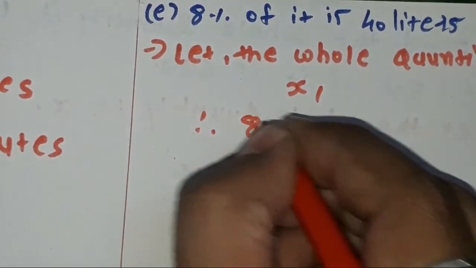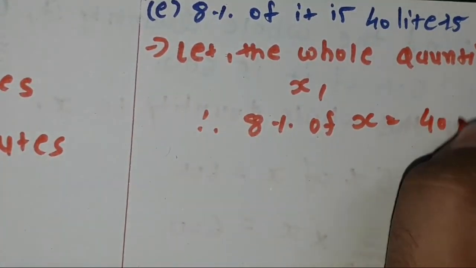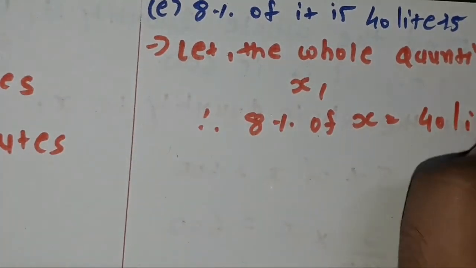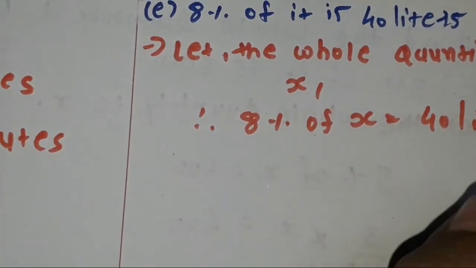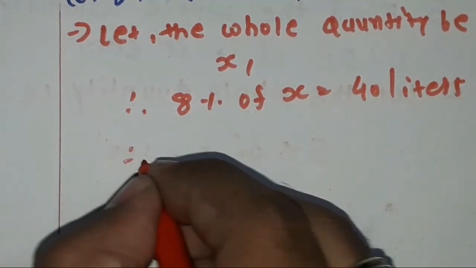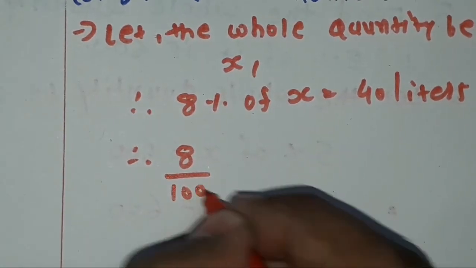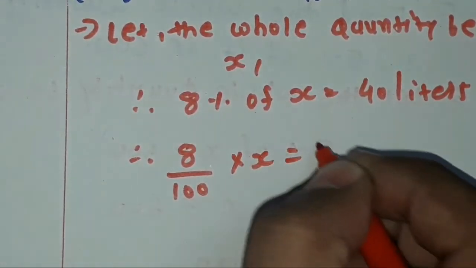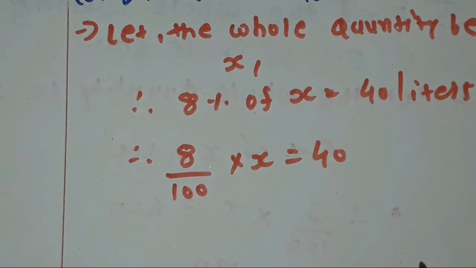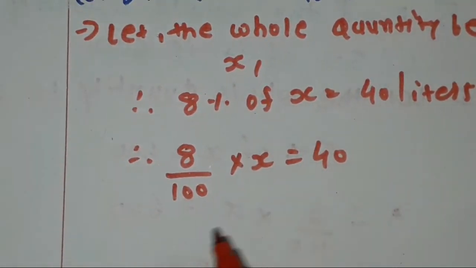Therefore 8% of x is equal to how much? It is 40 liters. Now we all know, what will be our next step? Here we will write 8 upon 100 multiplied by x is equal to 40. So this statement says that 8% of this x, that means the whole quantity, is 40.